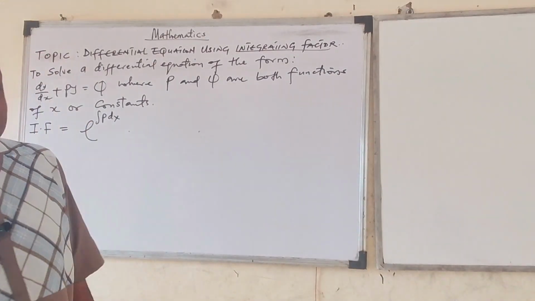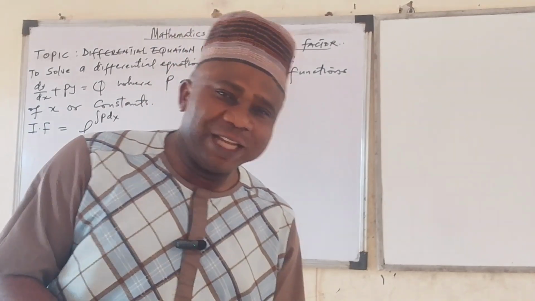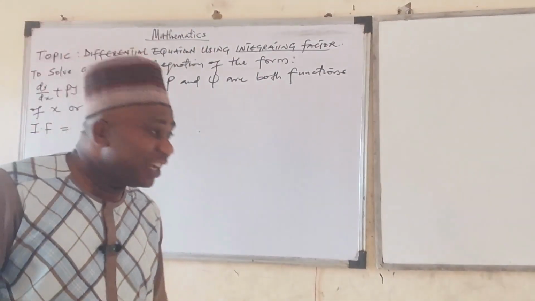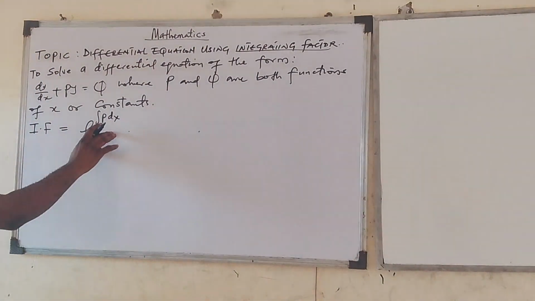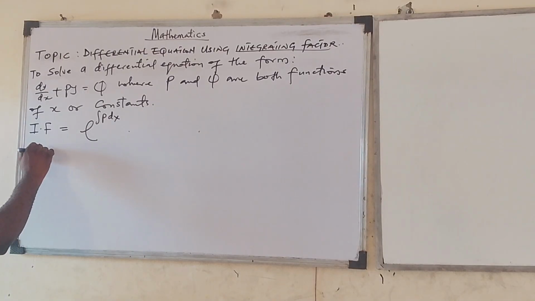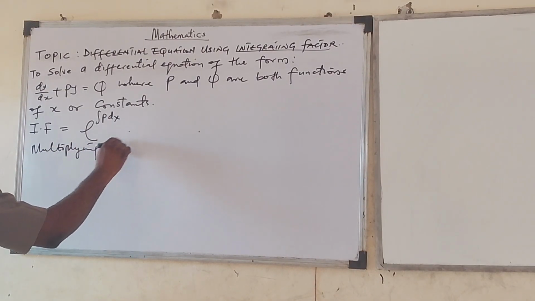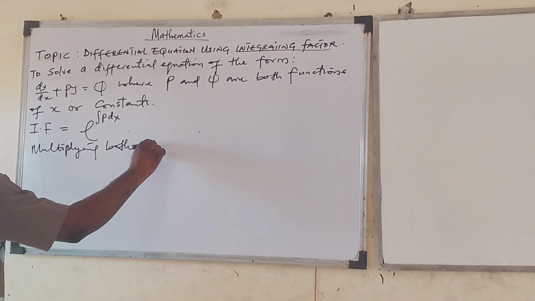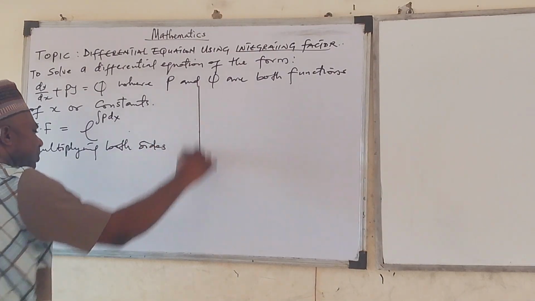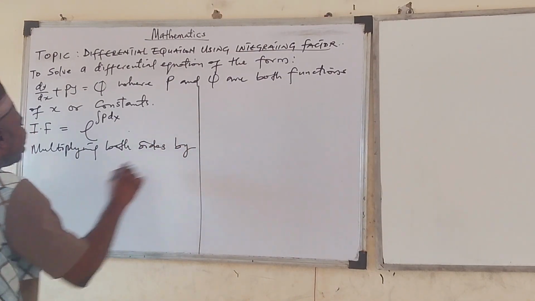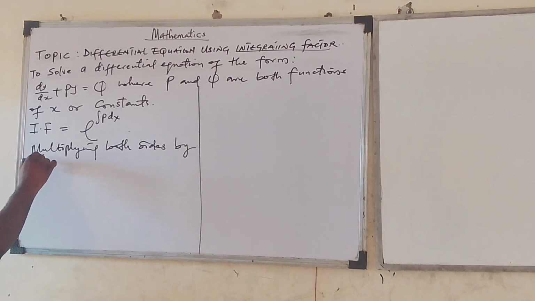So now we are going to be multiplying both sides, both the left-hand side and the right-hand side, by the integrating factor, e raised to the power of integral P dx.